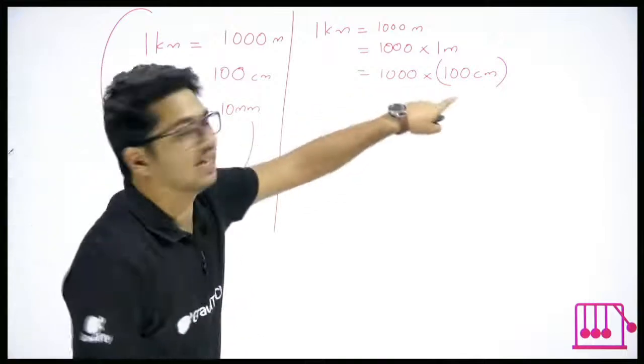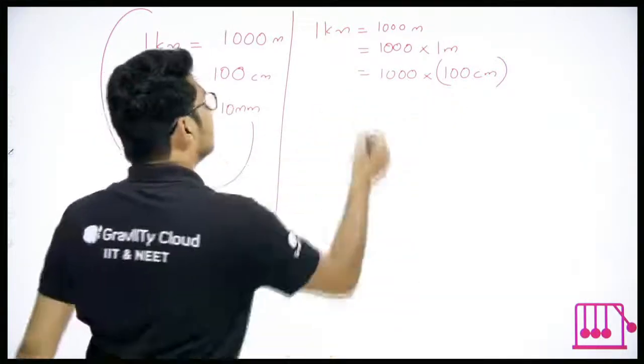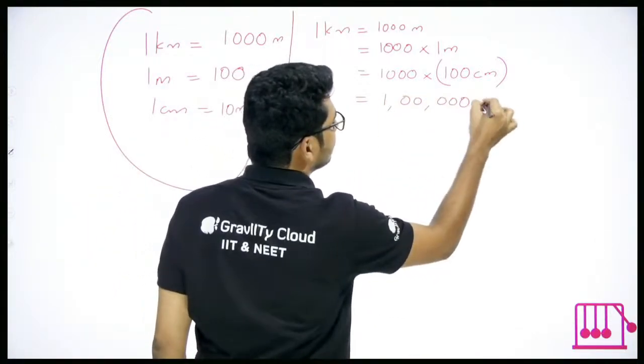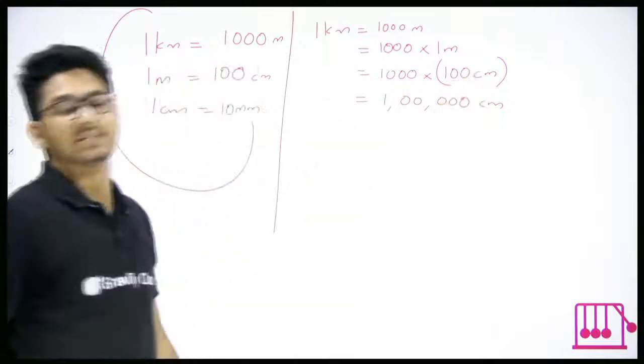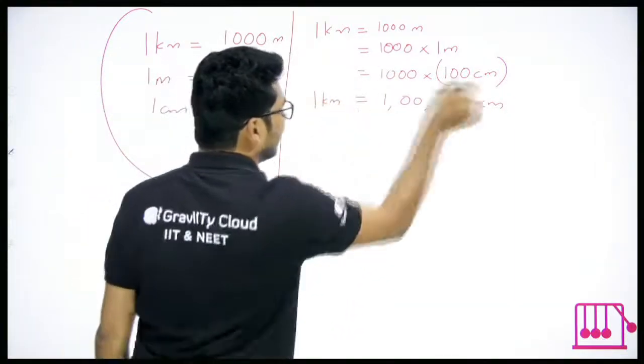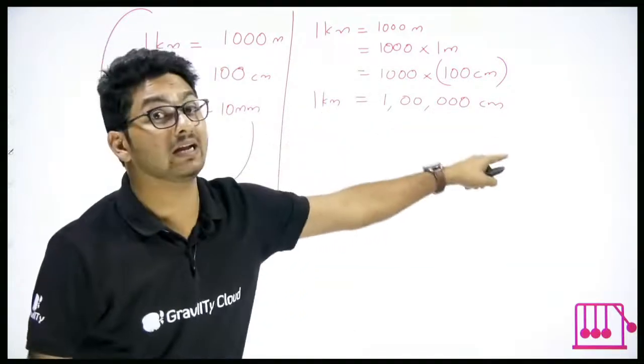So see here, 1000 into 100. In 1000 you have 3 zeros, in 100 we have 2 zeros. That means if I multiply them, I'll get 5 zeros. But the unit will be centimeters. So we got the relation between kilometer and centimeters.